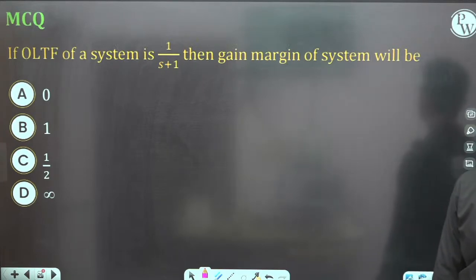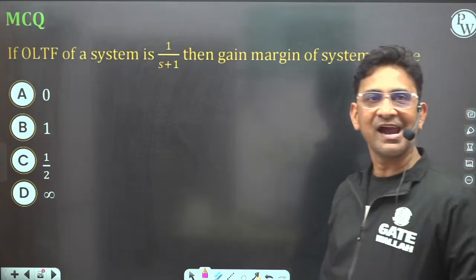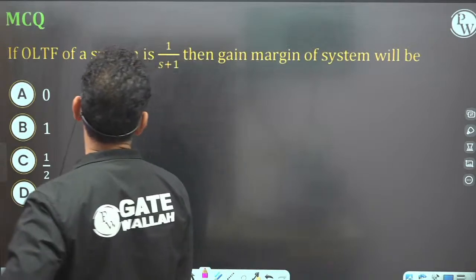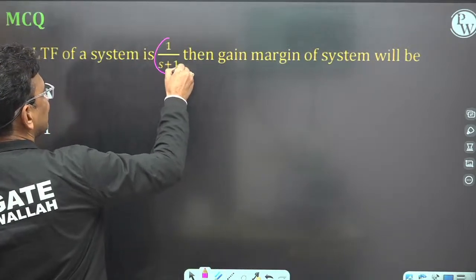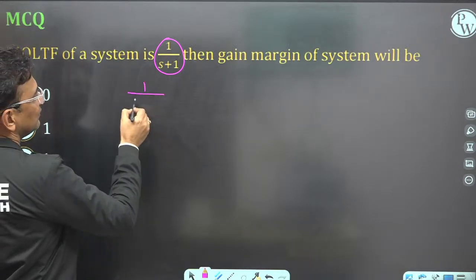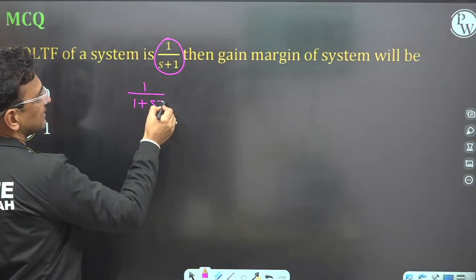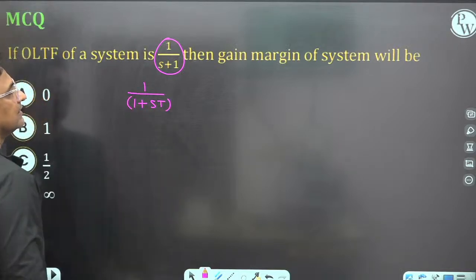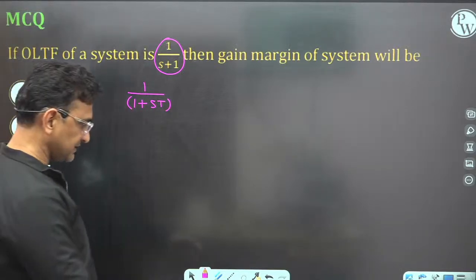B 1. See, the open loop transfer function is 1 upon s plus 1. It is like 1 upon 1 plus sT. Type 0, order 1 system.